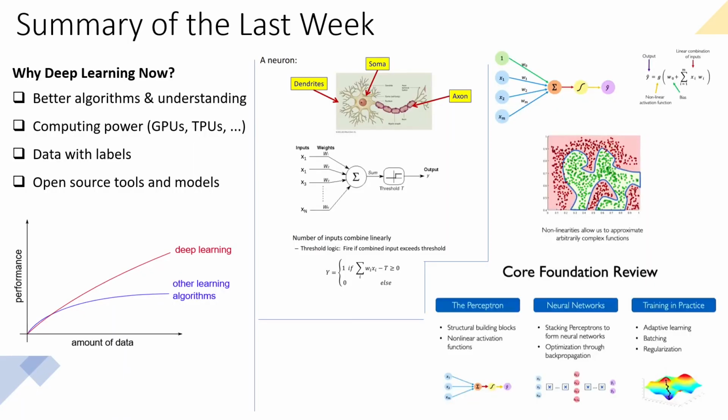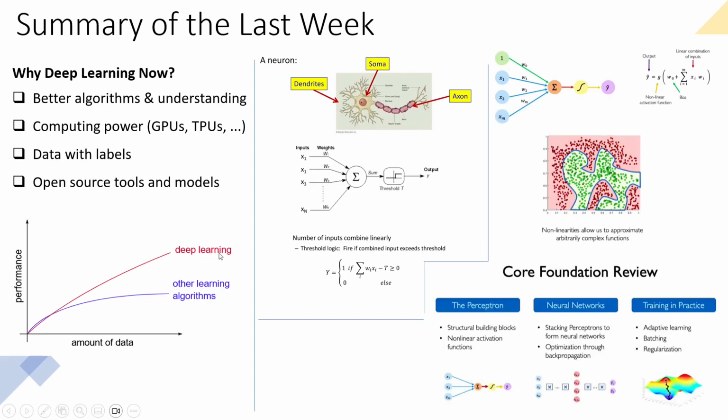So last week we started the concept of deep learning. We discussed why we need deep learning, and we have seen that the more data we can feed into the system, the more the performance of deep learning increases. But that was not true for conventional machine learning or artificial intelligence algorithms. They come to a plateau more quickly than deep learning algorithms.